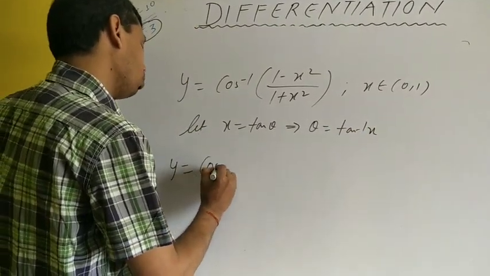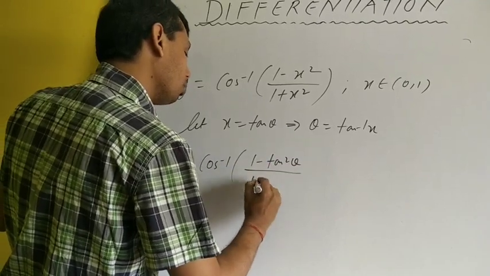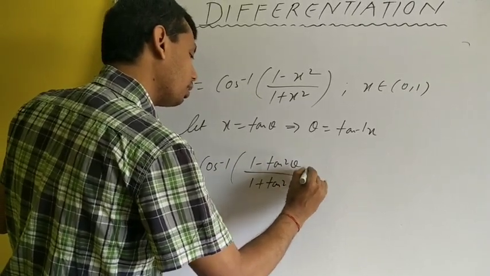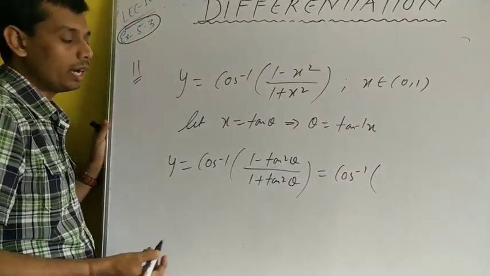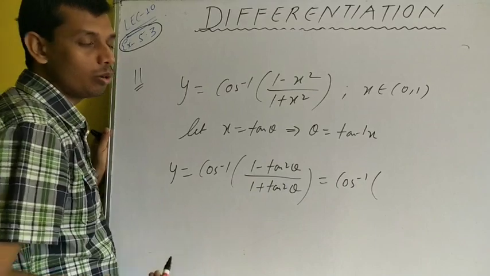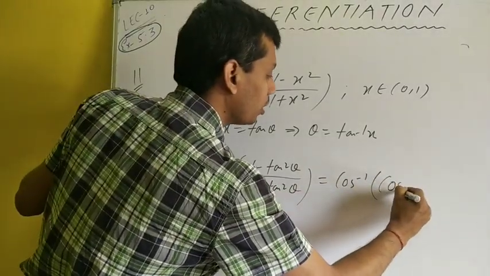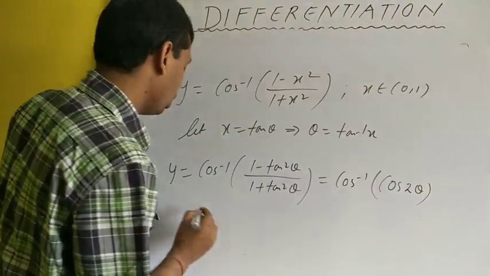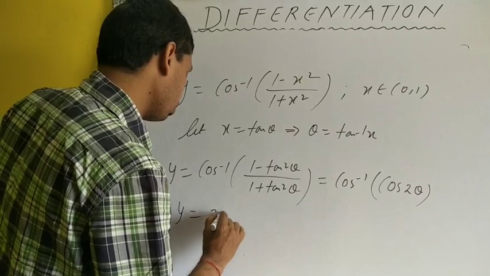Now y is equal to cos inverse of (1 minus tan square theta) by (1 plus tan square theta), and as we know that 1 minus tan square theta upon 1 plus tan square theta is equal to cos 2 theta, this can be replaced by cos 2 theta, or this y is equal to cos inverse cos 2 theta, which is 2 theta.